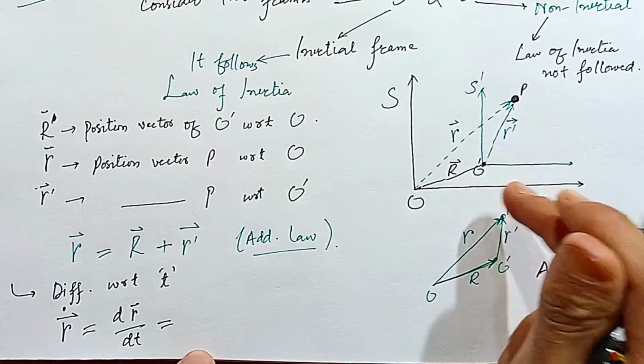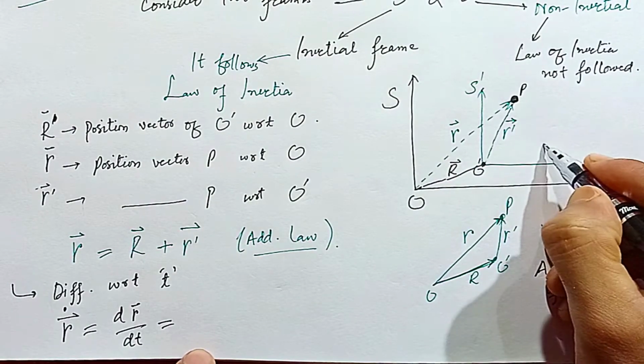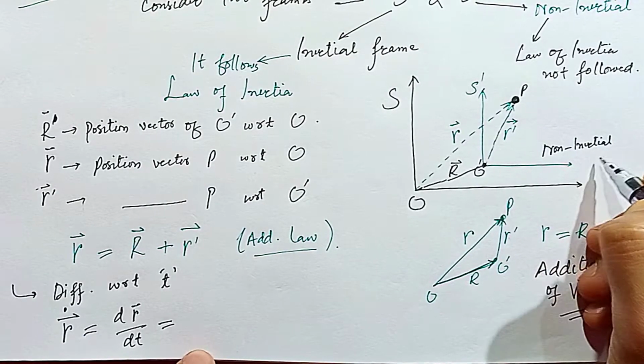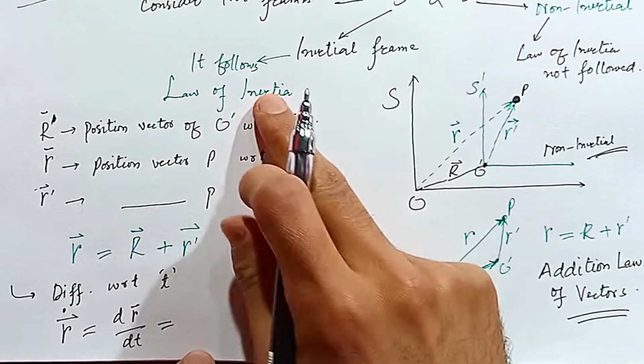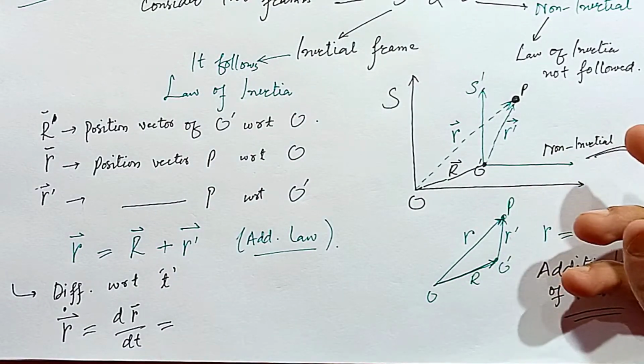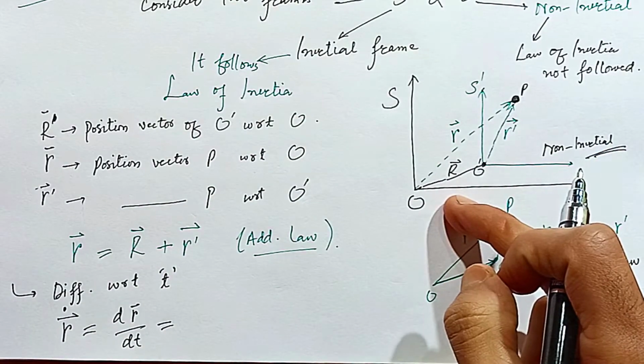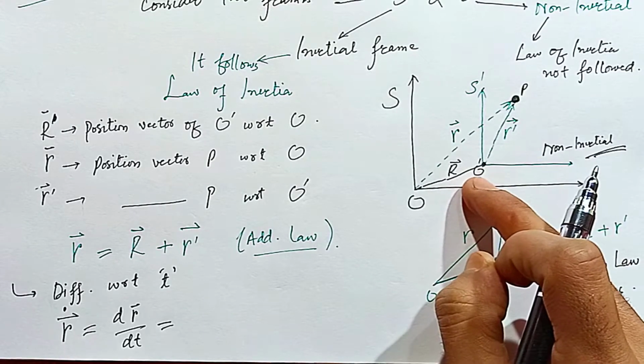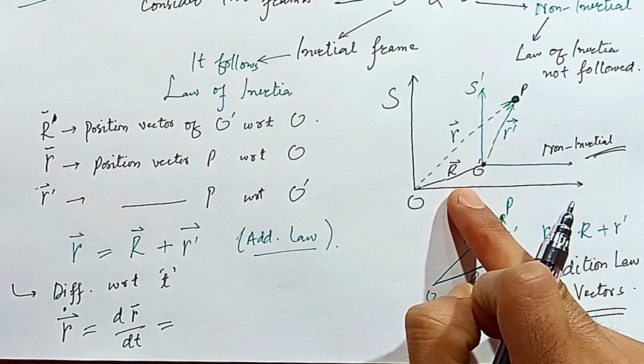Plus the change of this, because we are considering this as the non-inertial frame. Non-inertial means it does not follow the law of inertia. That means it may be accelerated with respect to this, and we will get the acceleration of this frame of reference with respect to this one.